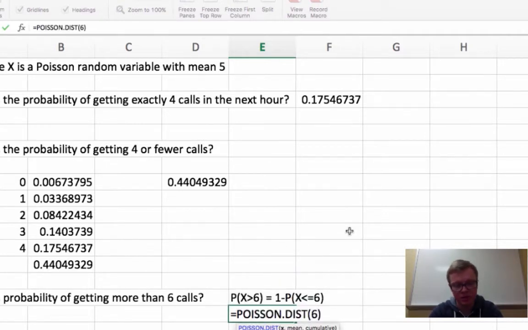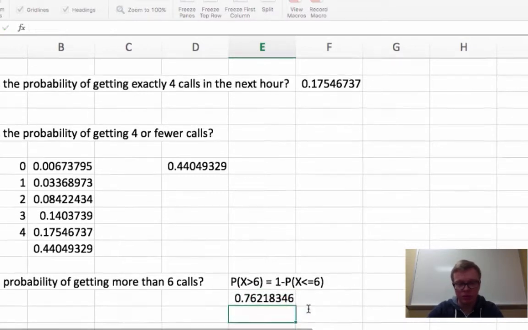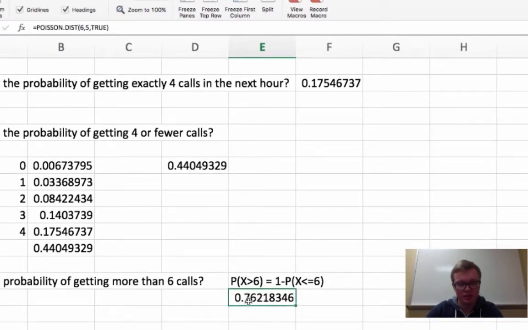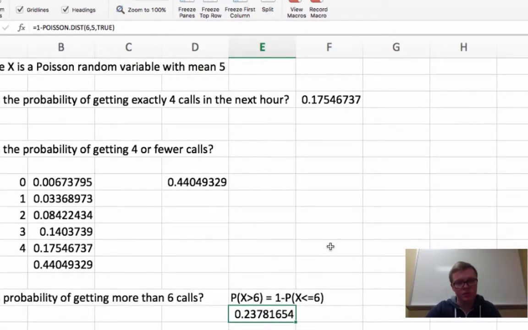So we use 6 as our x value, the mean is still 5, and we want a cumulative probability. Then we insert 1 minus that, and that's the probability that x is greater than 6. So you can see in Excel, it's a lot faster to use the CDF to find these cumulative probabilities.